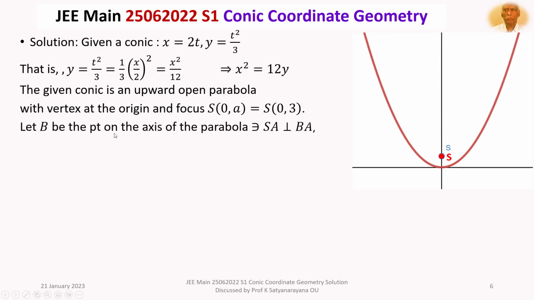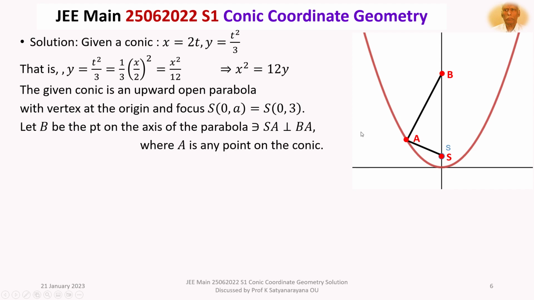Let B be the point on the axis of the parabola, such that SA is perpendicular to BA, where A is any point on the conic. So B is a point on the axis of the parabola such that SA is perpendicular to AB, where A is any point on the conic.